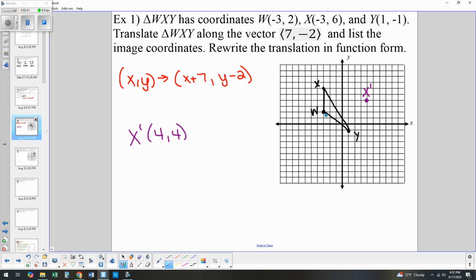If I took W, went 1, 2, 3, 4, 5, 6, 7, down 2, we can call that W prime, and that's at (4, 0). And then Y, 1, 2, 3, 4, 5, 6, 7 to the right, 2 down, is at (7, -3). And now I have my image.